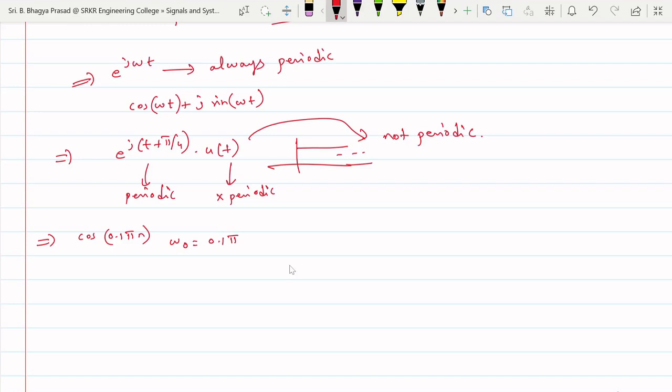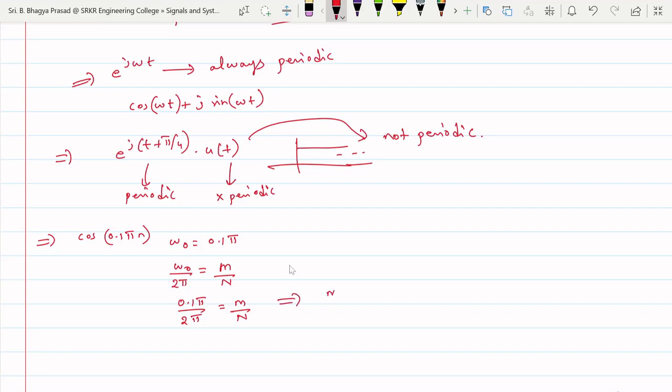Here you should check that omega naught by 2 pi should be a ratio of integers, that is, 0.1 pi by 2 pi, that is m by n.